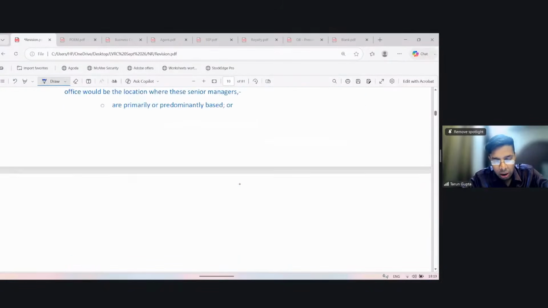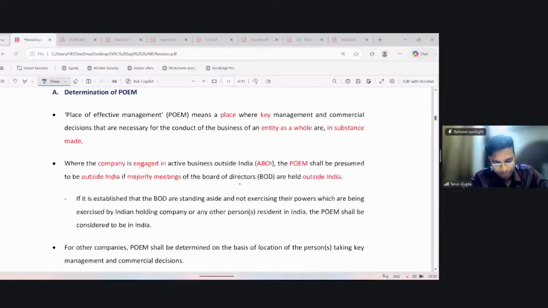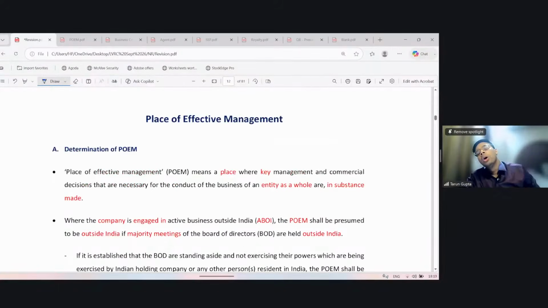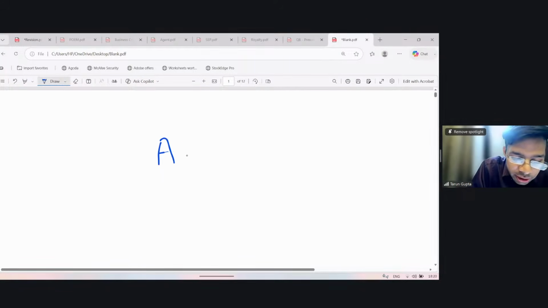Now let's see how we determine the POEM of a person. So place of effective management, how to determine? The simple rule is: first determine whether the company is engaged in active business outside India.